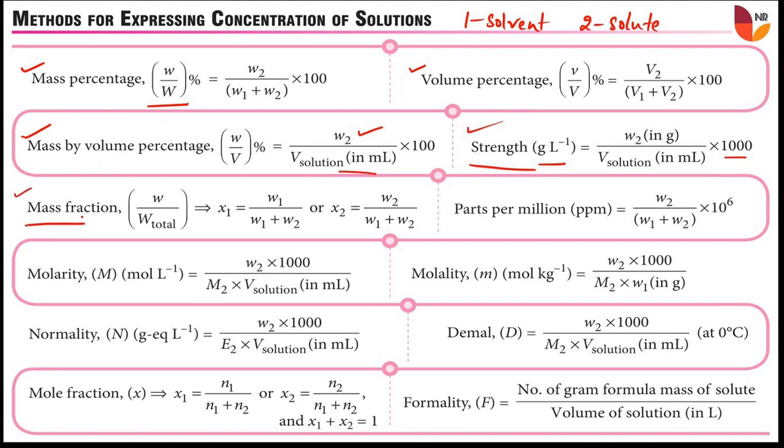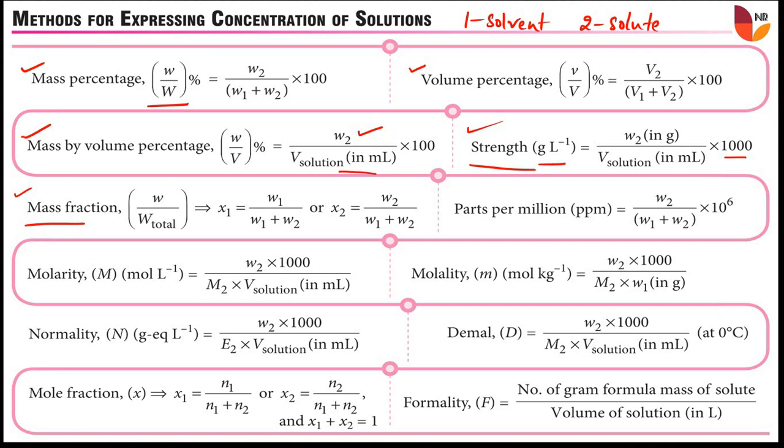And next, the mass fraction method. It is not the mole fraction method; it is the mass fraction method. Mass fraction is defined as the mass of the component divided by the total mass of the components present in the solution.